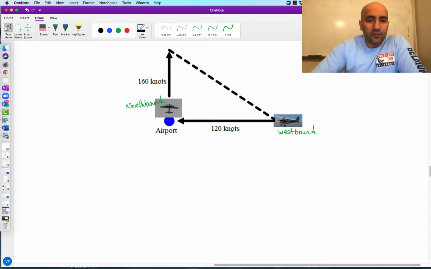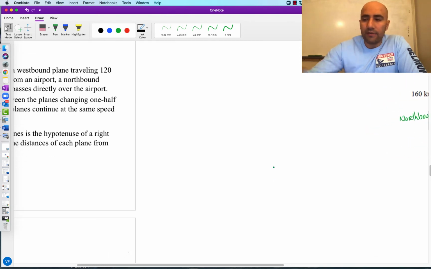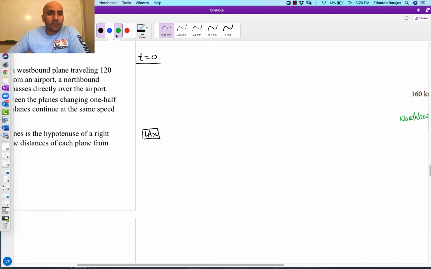So I'm going to draw my own picture because there's one more element to this, and that's time. So I'm going to draw basically the same thing, but maybe not as much detail. At time t equals 0, we have our airport here. I'm just going to call it LAX. And I have this westbound airplane over here, headed this way.